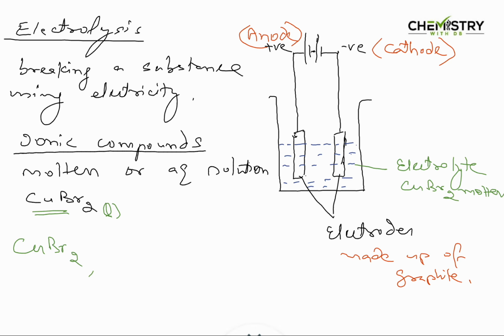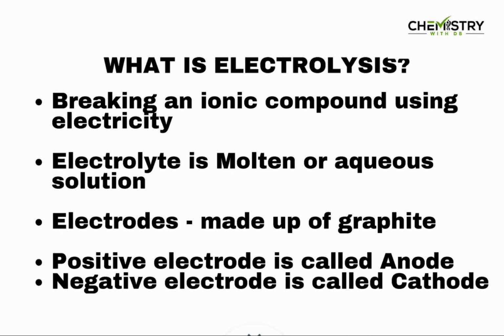When you pass electricity through this, it will break down into its elements. That means you will get copper metal and bromine liquid. Copper is an element and bromine is also an element. So any ionic compound in a molten form, if it is electrolyzed, will give rise to its respective elements.